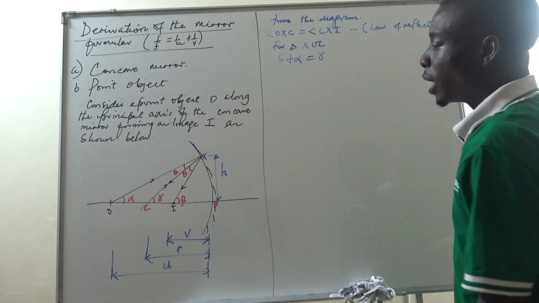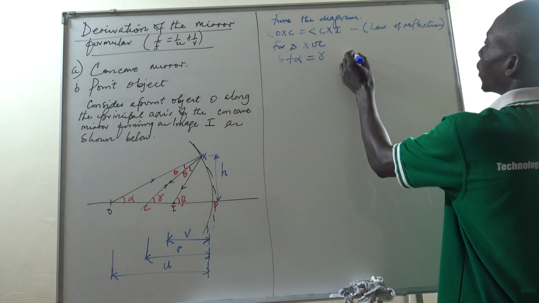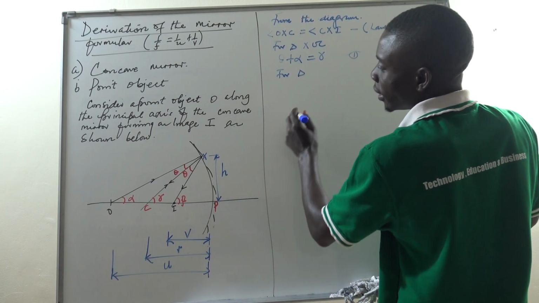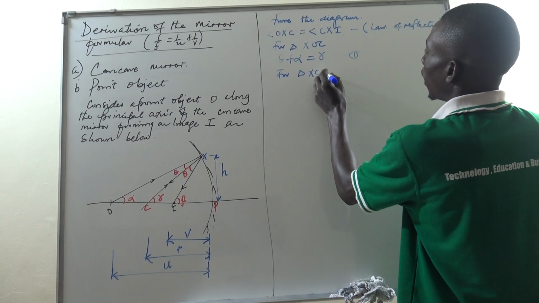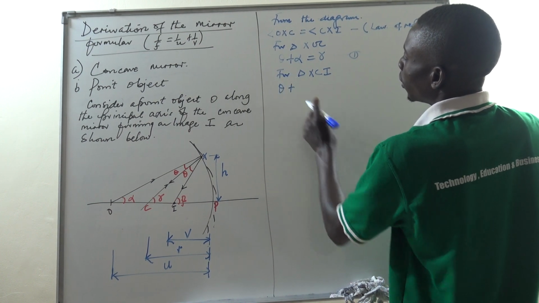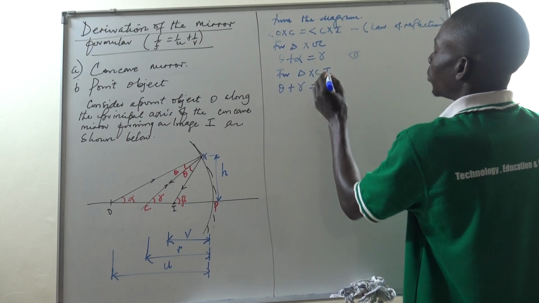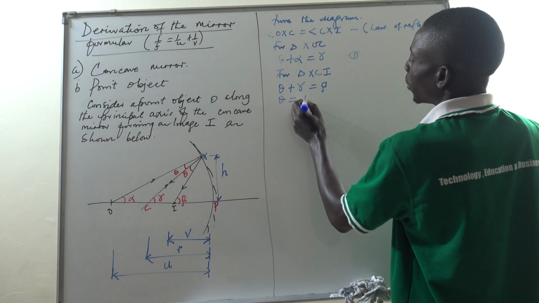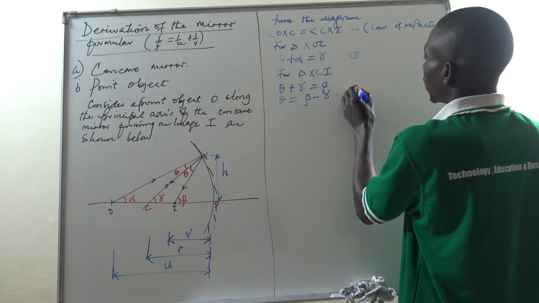That is, the sum of two interior angles is equal to one exterior angle. And then for triangle XCI, we shall also say theta plus gamma is equaling to beta. Is that okay? And I can say theta equals beta minus gamma. And then this can be equation star.